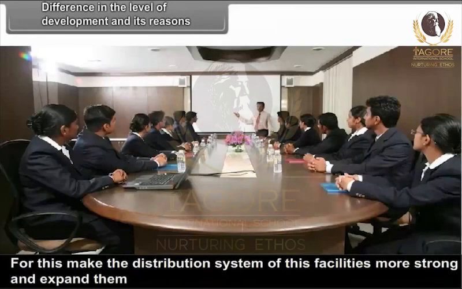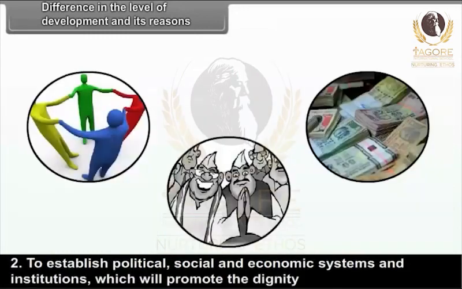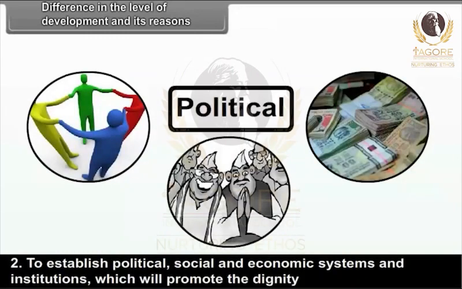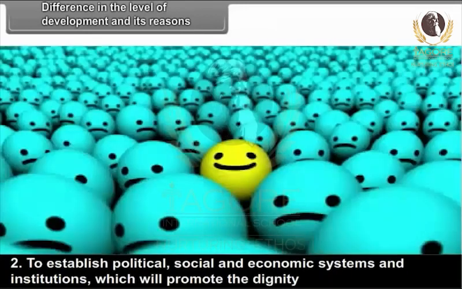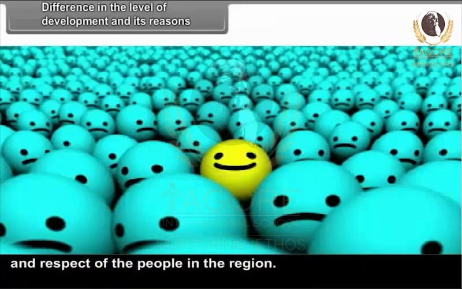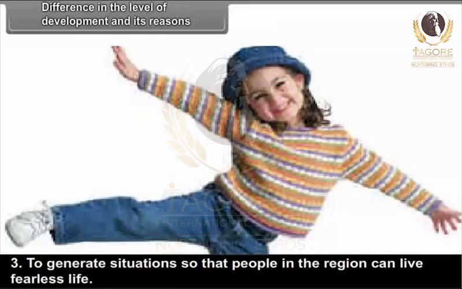For this, make the distribution system of these facilities more strong and expand them, and through this raise the standard of living of the people. To establish political, social and economic systems and institutions which will promote the dignity and respect of the people in the region. To generate situations so that people in the region can live a fearless life.